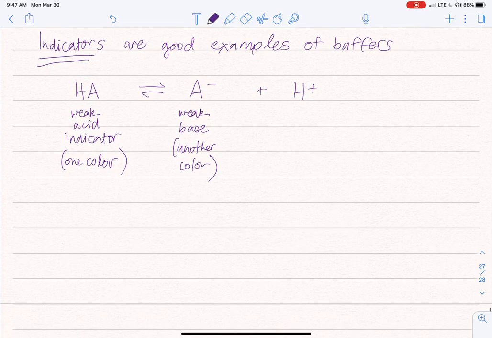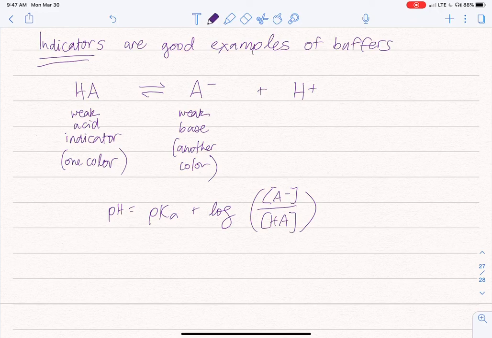You can think about this using the Henderson-Hasselbalch equation, right? Because for the Henderson-Hasselbalch equation, of course, the pH equals pKa plus the log of the concentration of weak base over the concentration of weak acid.